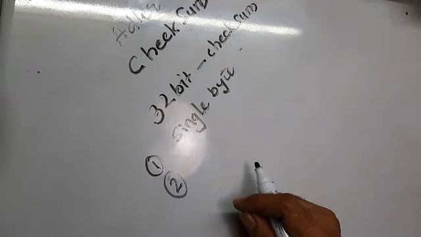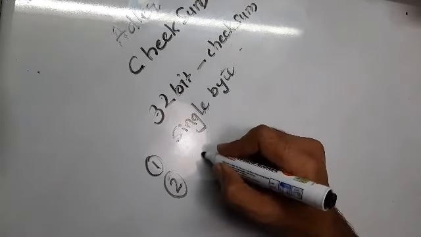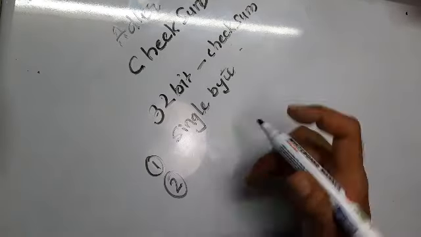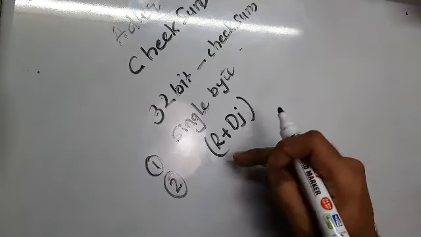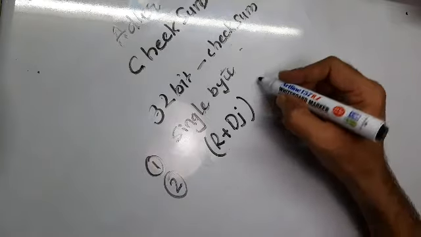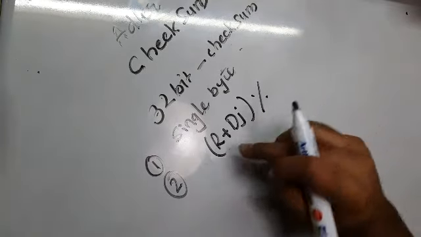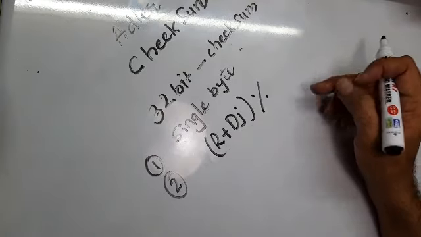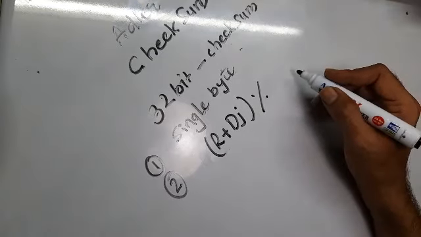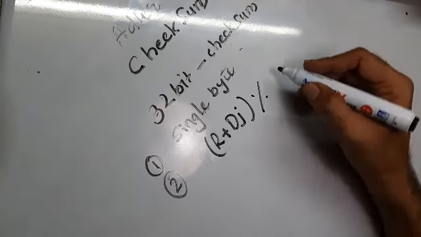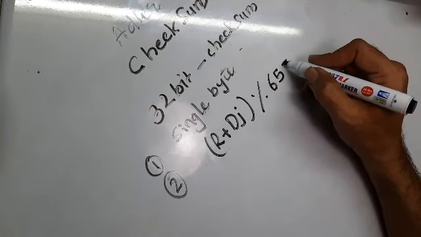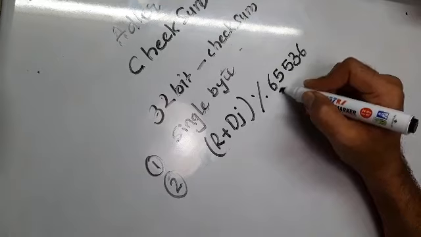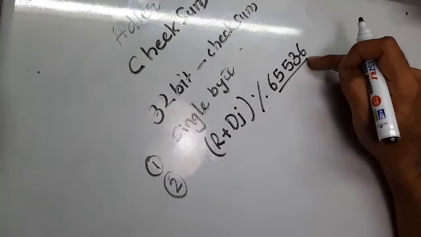Second difference, the mod. When we perform R plus L or L plus R mod operation, whatever we perform, that mod value, when it comes to 16-bit in case of Fletcher checksum, becomes 65,536, performing a mod with 65,536.